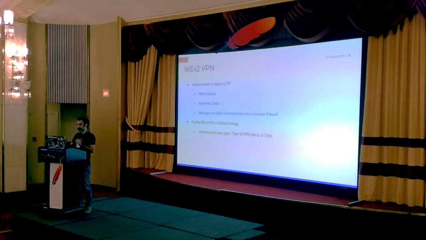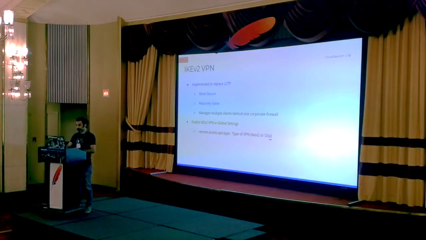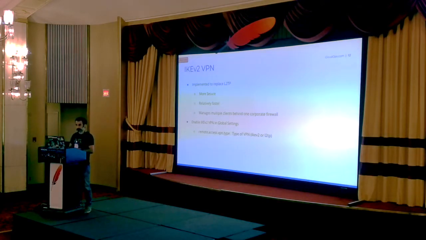So you can end up in a situation where IKEv2 is enabled globally in the infrastructure, but some VPCs and VRs still use L2TP. You need to keep that in mind: whenever you want to switch over, you need to recreate all those VRs wherever you see fit, and the maintenance schedules allow you to do that.